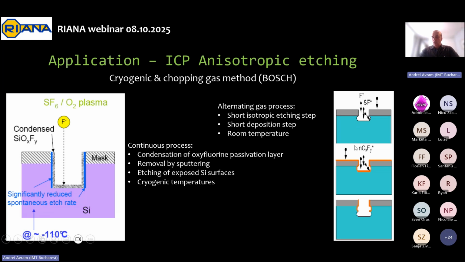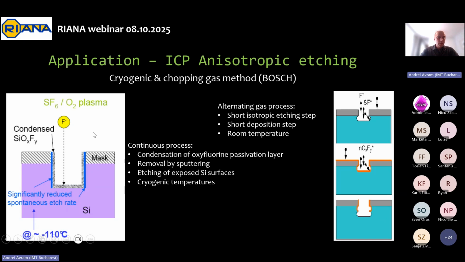So you can see there is an isotropic etching, and then you do a deposition. When you start the next etching step, due to ion bombardment that you can easily control in ICP systems, you easily remove all the passivation layer on the horizontal substrates, and you can perform another etching step. This usually alternates until you get to your desired depth. This is a room temperature process.